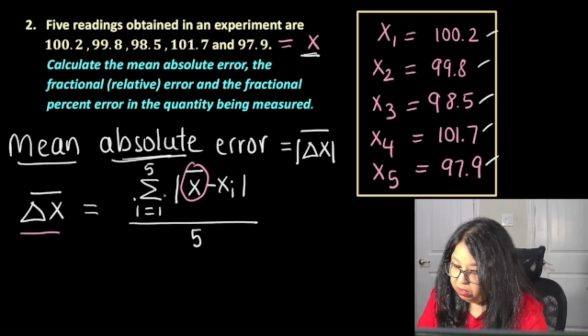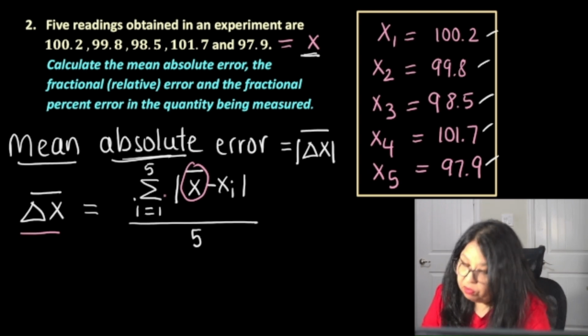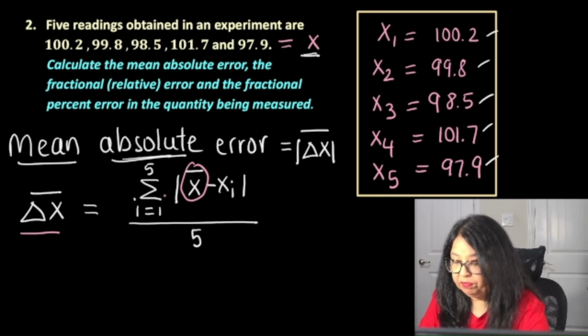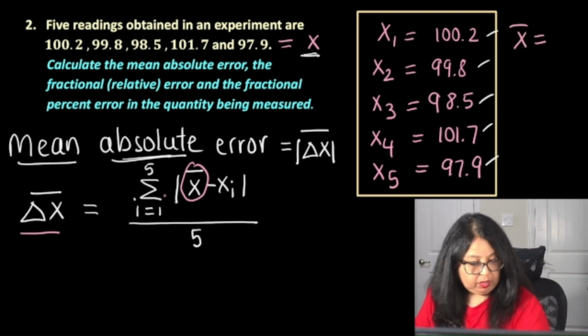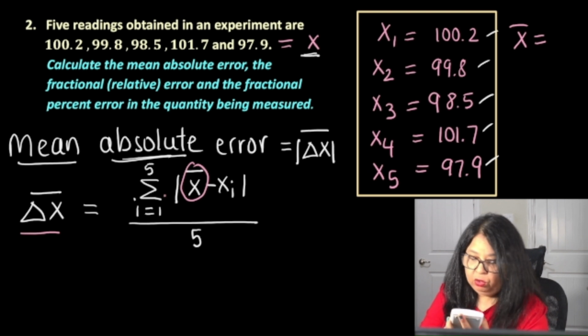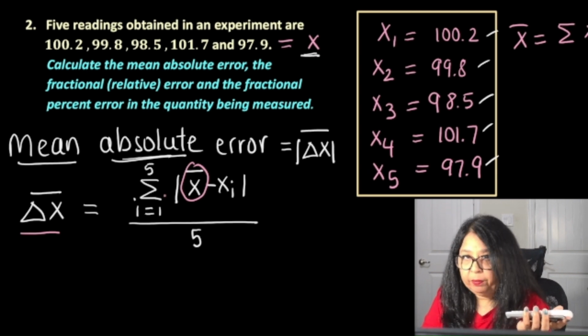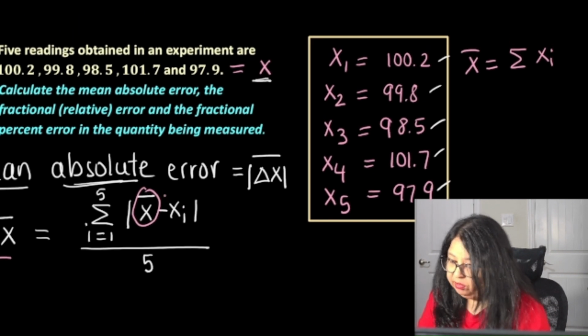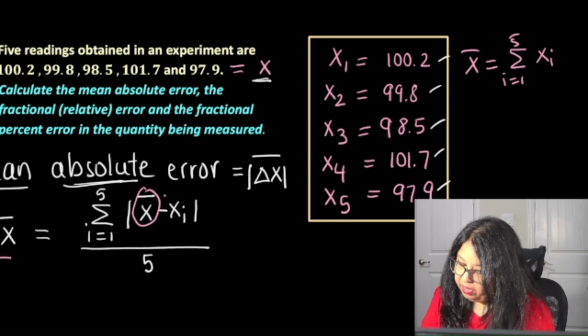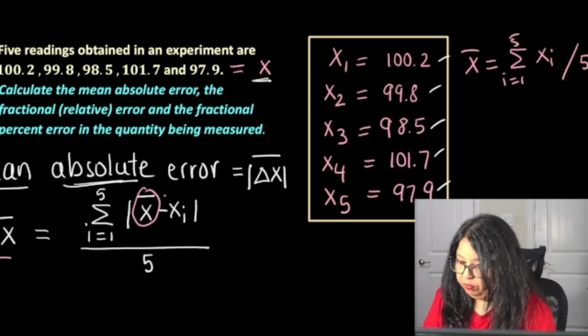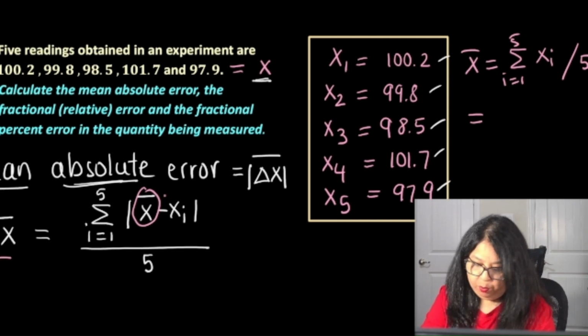To solve for x bar, we need to sum these 5 values of x and then divide by 5. Let me use a calculator to find the summation of xi, where i goes from 1 through 5, and divide by 5. 100.2 plus 99.8 plus 98.5 plus 101.7 plus 97.9.